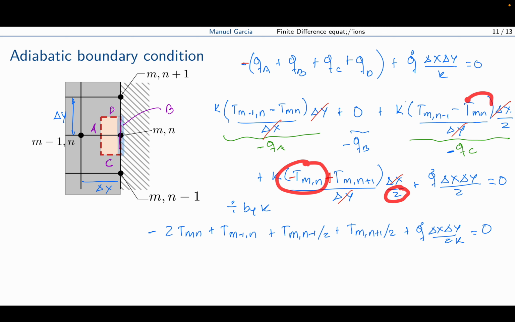So these two are 2 times Tmn divided by 2, so that's Tmn, plus this one is 2 with a negative sign, and the rest of the terms are Tmn minus 1 divided by 2, and Tmn plus 1 divided by 2, and the last term, which is divided by K. And that's the equation for the adiabatic case.